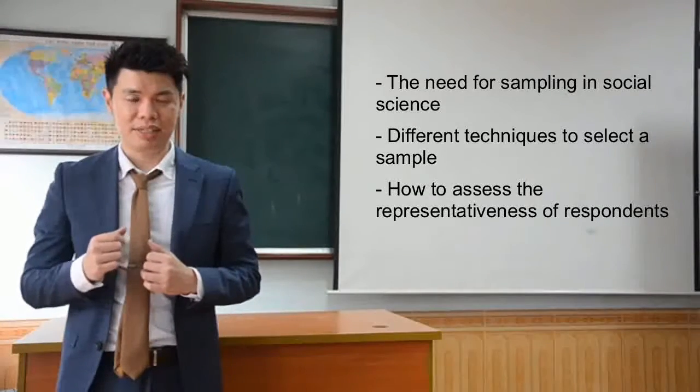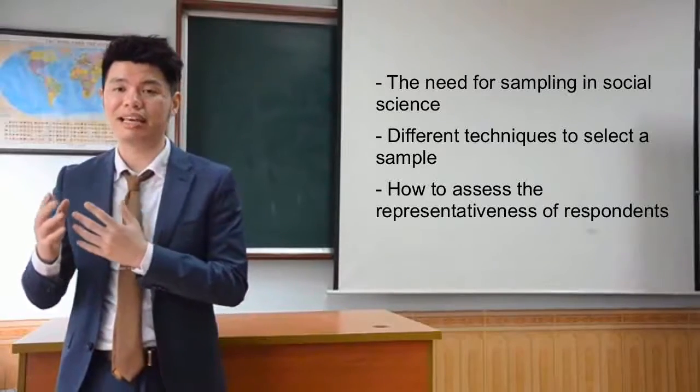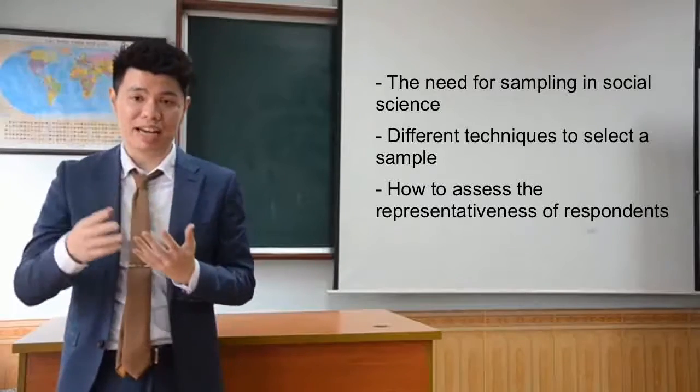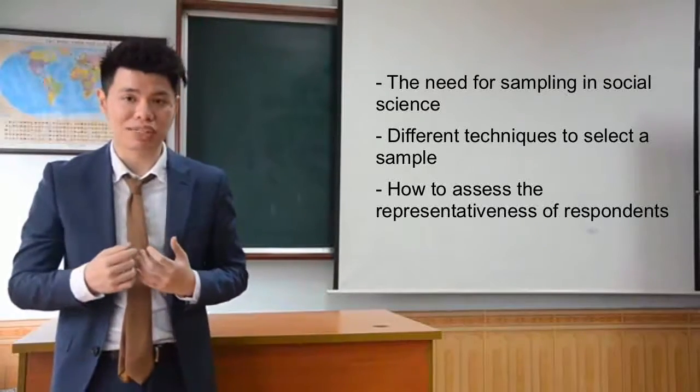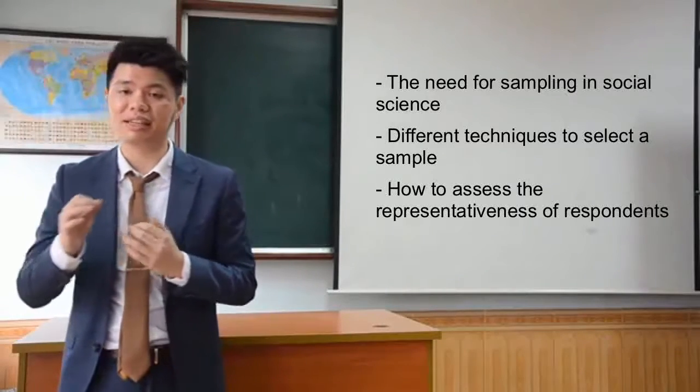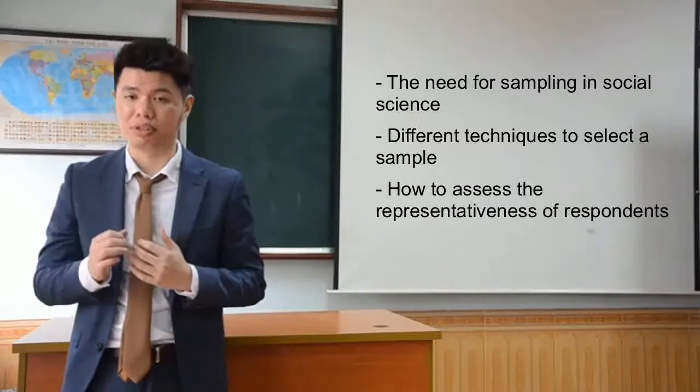In chapter 6, we're going to learn about how to select a sample for your research. It will discuss the need for sampling in social science, different techniques to select a sample, and how to assess the representativeness of respondents.